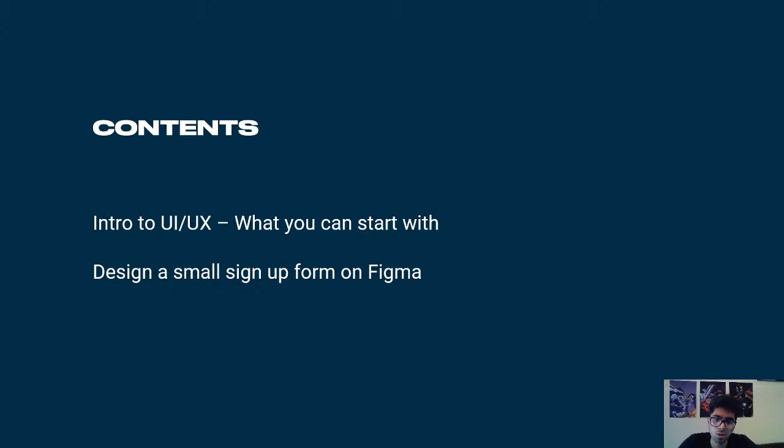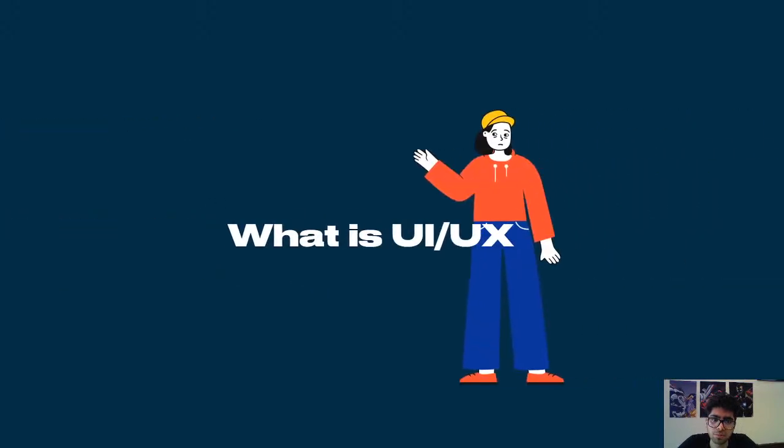I'll be teaching basic operations on Figma, and hopefully it'll give you guys a push to start exploring more and using more of Figma. I'll also explain why I'm using Figma, because there are already a lot of other tools such as Adobe XD, Sketch, InVision, and why Figma is better than all these. So we will go through all this.